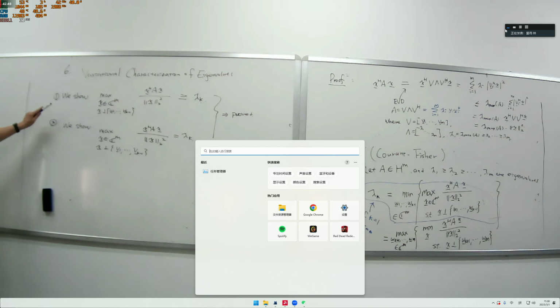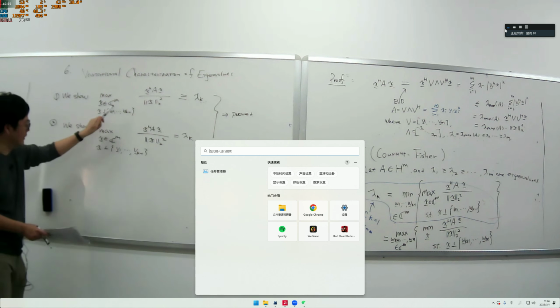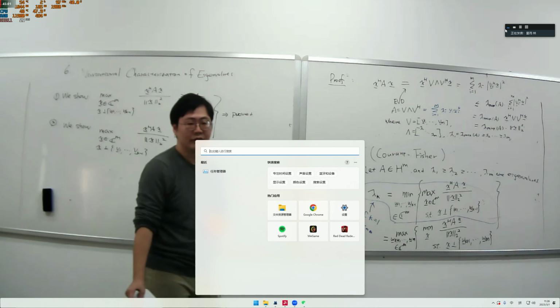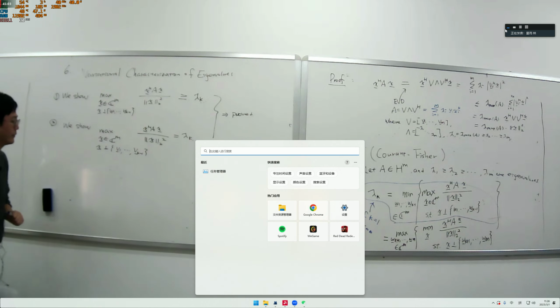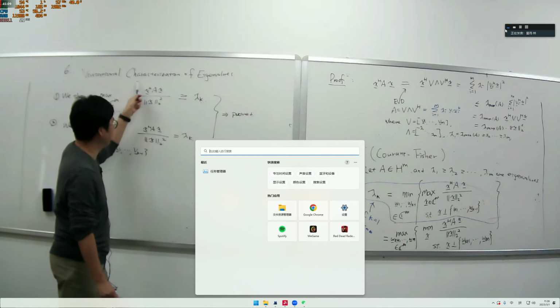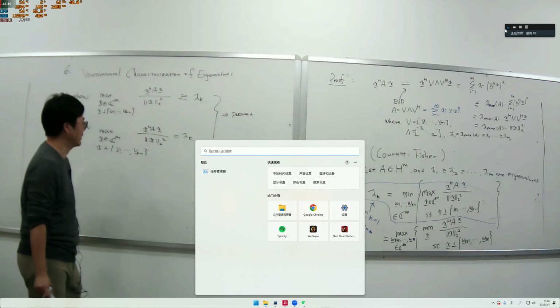Is the logic okay? So if I prove these two, I show this, then I show this, and that's equivalent to proving that the inside objective function is lower bounded by lambda_k.